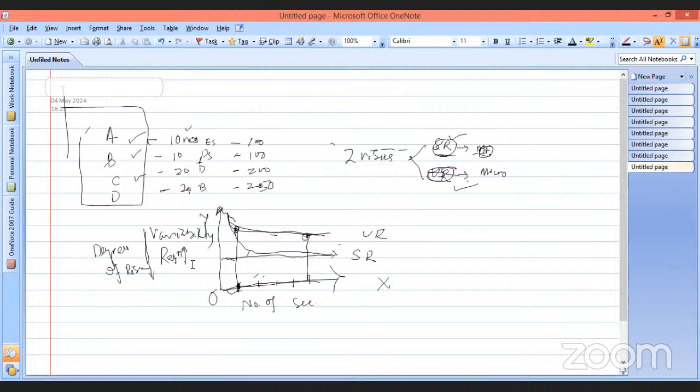This is variability of the return, that means fluctuation of return. So why does return fluctuate? Because of the degree of risk associated with the return. That's why the risk can go down and just coincide with systematic risk, but below that it cannot go.